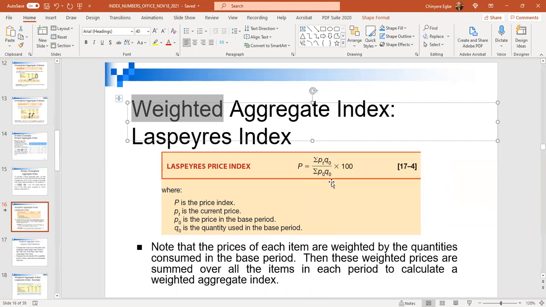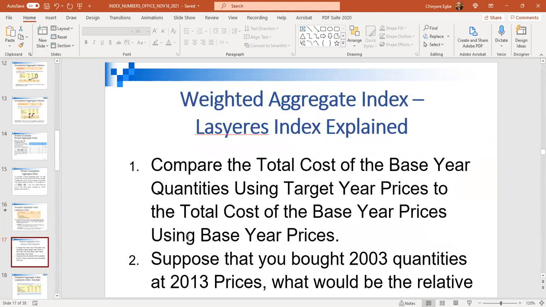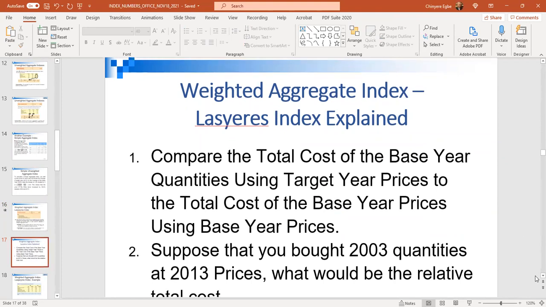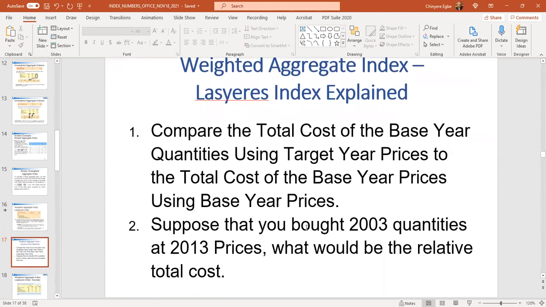Now, the whole idea here is, and I'm going to use an illustration. We compare the total cost of the base year quantities using the target year prices. Okay, and I'm going to give you an interpretation. Suppose that you consume 1 apple in 2003. Let us say you consume 1 apple per week. Okay, and in 2013, you also consume 1 apple per week.